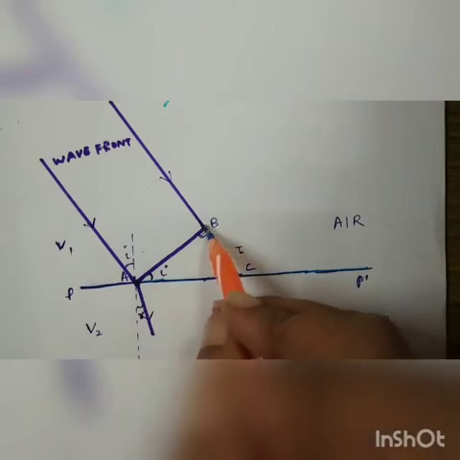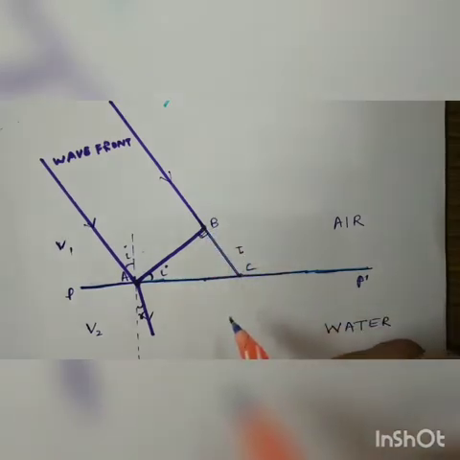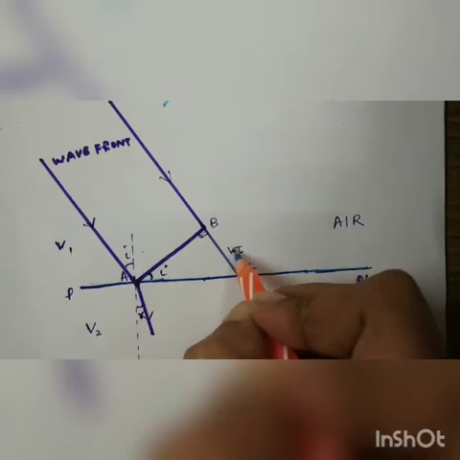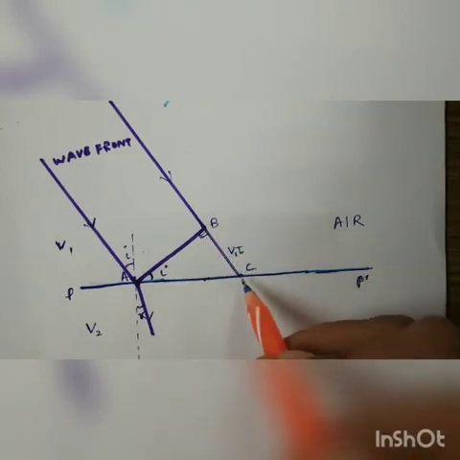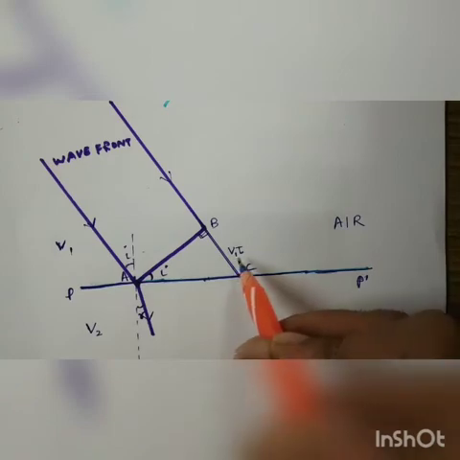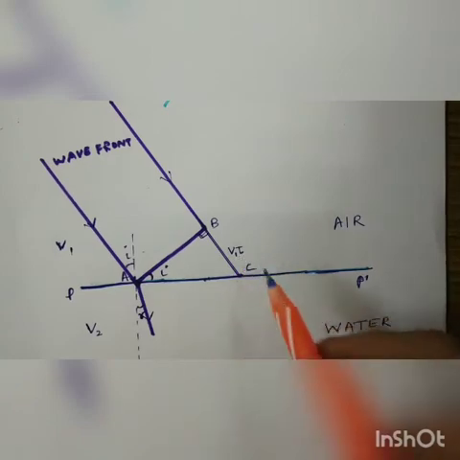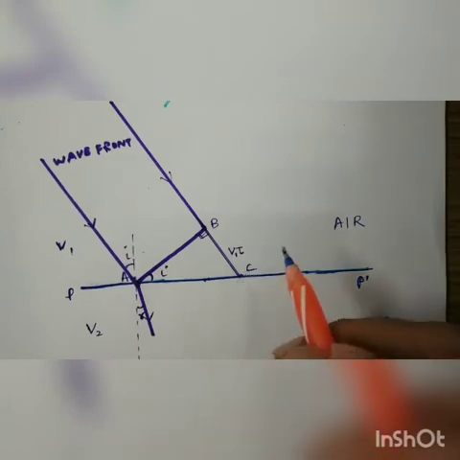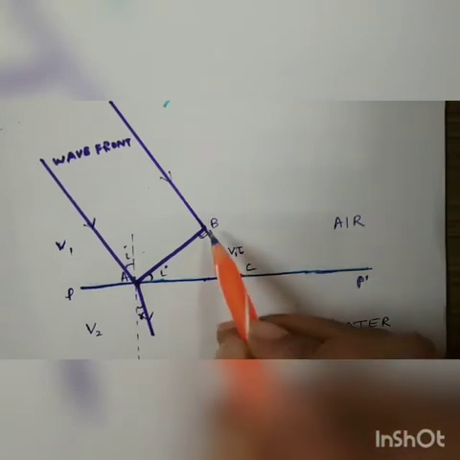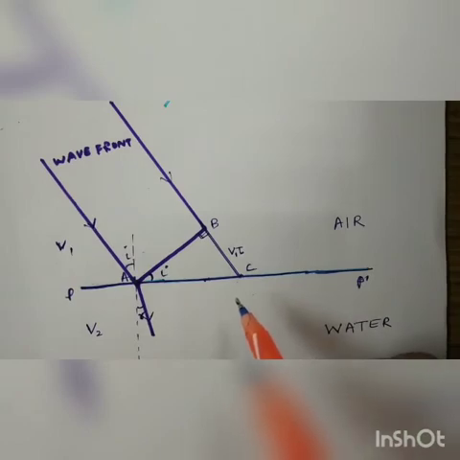Then I can say that this distance BC is equal to V1 into tau. How do we get that? BC is a distance. V1 is the speed of light in the first medium. We know that speed or velocity is equal to distance by time, so distance is equal to velocity into time.